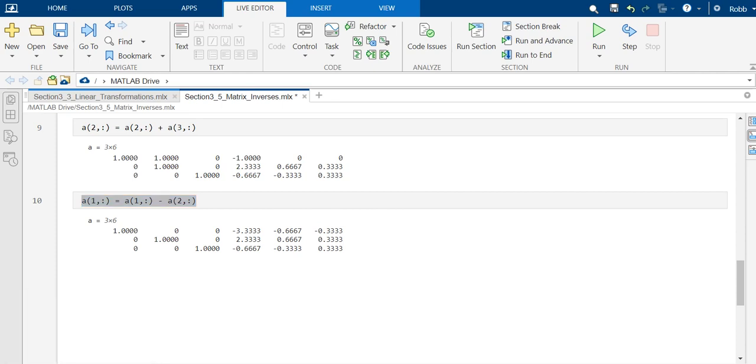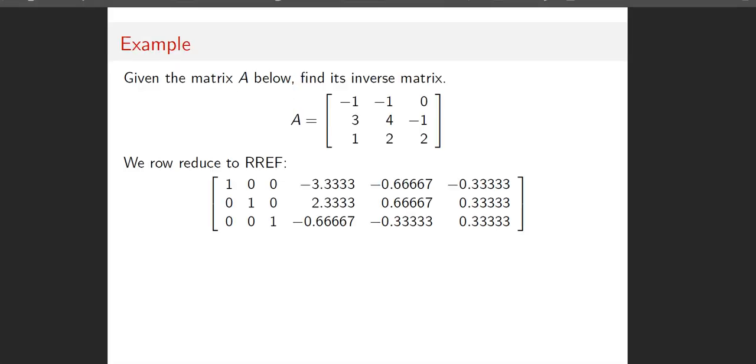And what do we know from all of that? Okay, so we put the matrix A and augment it with the identity matrix of the right size. Then we row reduce to RREF. And if we get the identity matrix here, then we know that A inverse is sitting right here.